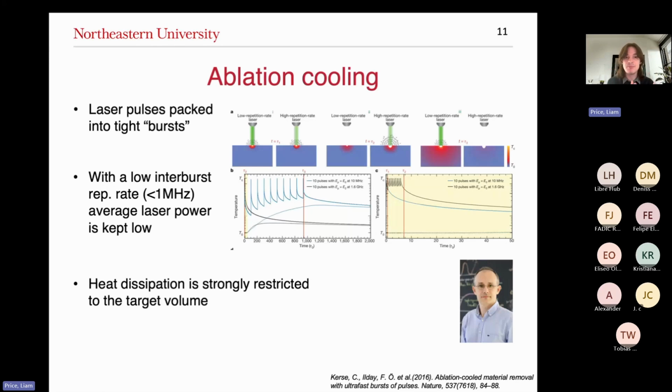Due to that tight packing, you get a really efficient ablation process within that laser burst, and the tissue is effectively erupted off of whatever sample you're ablating. It happens so quickly and so efficiently that the heat doesn't have time to dissipate out to the quote unquote healthy areas. And so this really serves to restrict the actual damaged volume that you're ablating.